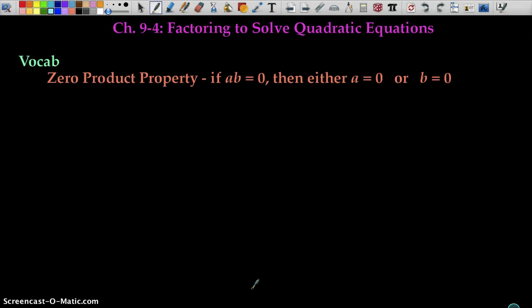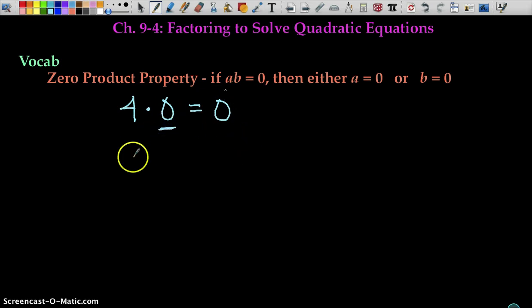So, moving along, this is section 4, factoring to solve quadratic equations. First thing we have is the zero product property. Basically what that says is if a times b equals 0, then either a is 0 or b is 0, which makes perfect sense. The only way you can get the product of two numbers to be 0, like 4 times 0, is if one of those terms is 0.